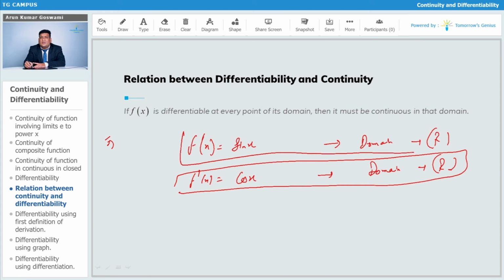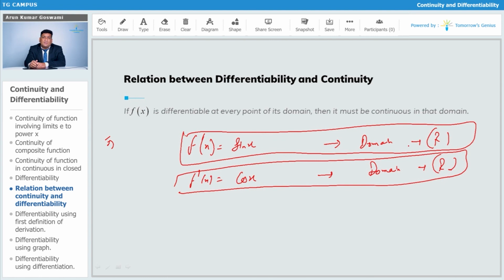So this is very, very important. When a function is differentiable at every point in its domain, it must be continuous. We can say that sin x is continuous in its domain, and when we differentiate it, it is differentiable in its domain. Okay, that is the most important point.